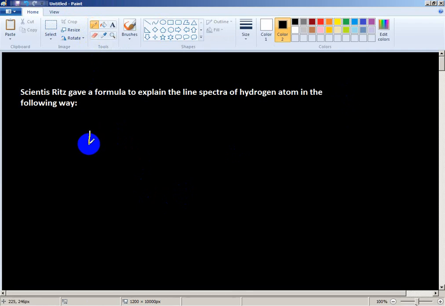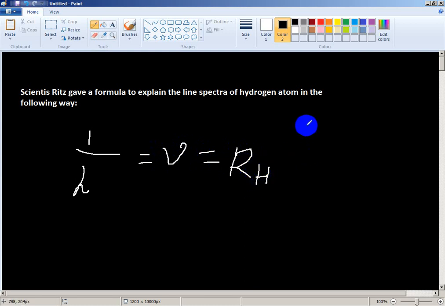You write 1 by lambda, or nu, you can use nu, equal to the Rydberg constant RH times the bracket term.